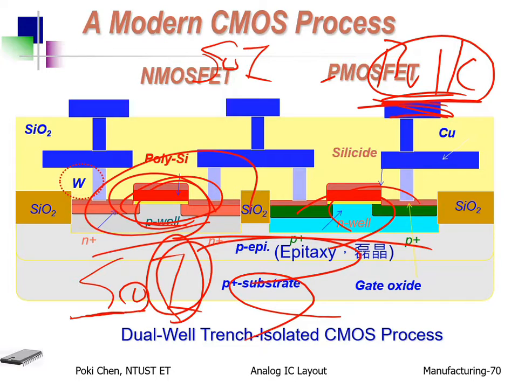Anyway, for TSMC, before FinFET, they depended on the bulk process very much. For mass production, they wouldn't like to touch SOI. Why not? They would like to get better performance, but SOI is more expensive.